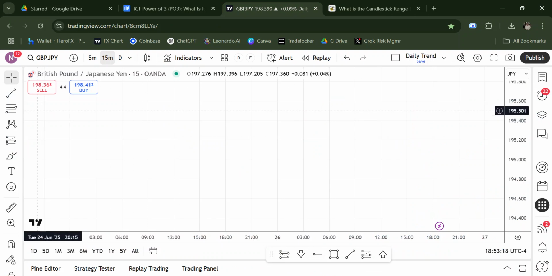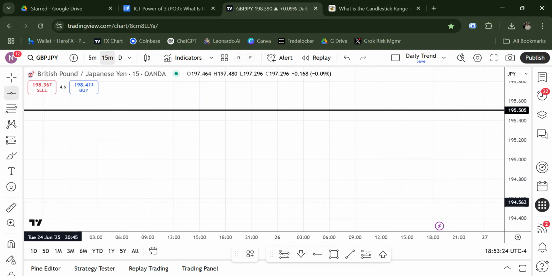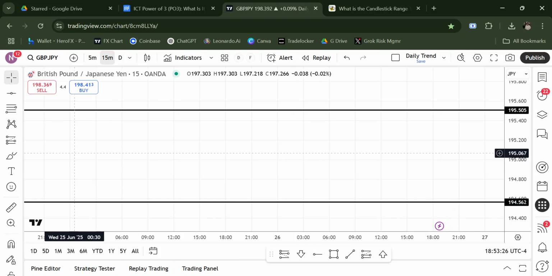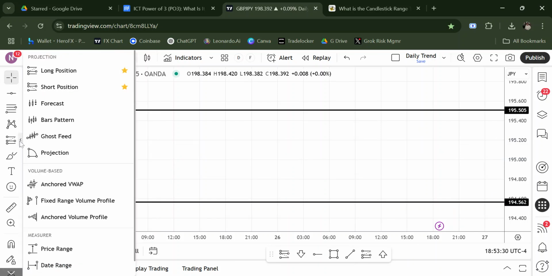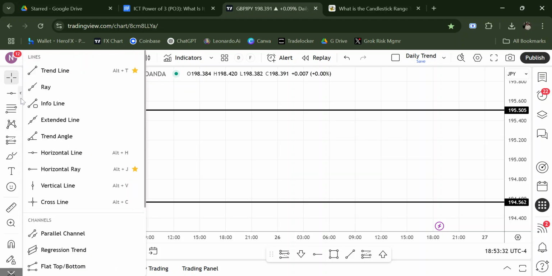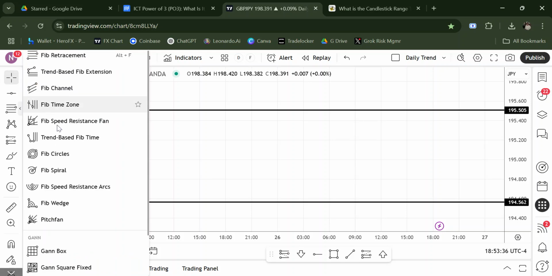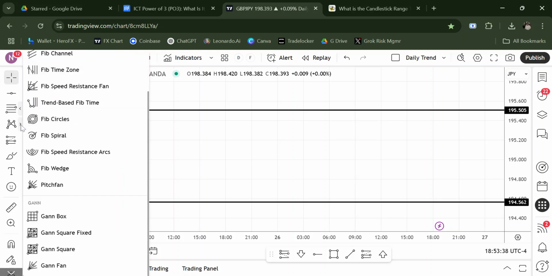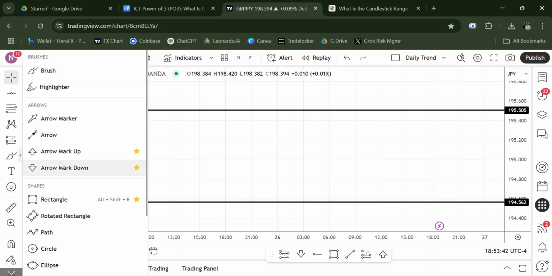For instance, so let's draw this out. Let's say this is our prior day high. This will be our prior day low. And then we're looking for my best tool here. Where'd it go? There it is.